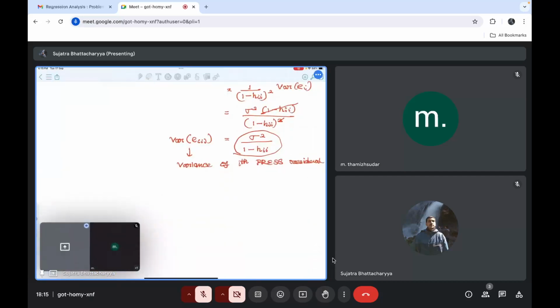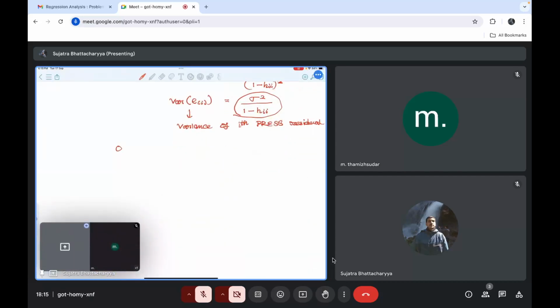So in question 3, based on the table, it has been given that SS residual is 109.95. To find the MS residual, we know its definition: SS residual divided by the degrees of freedom of SS residual.